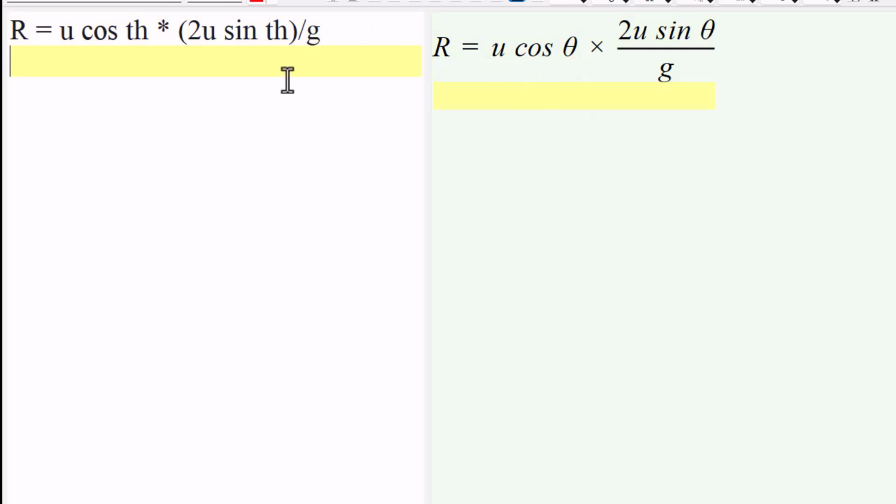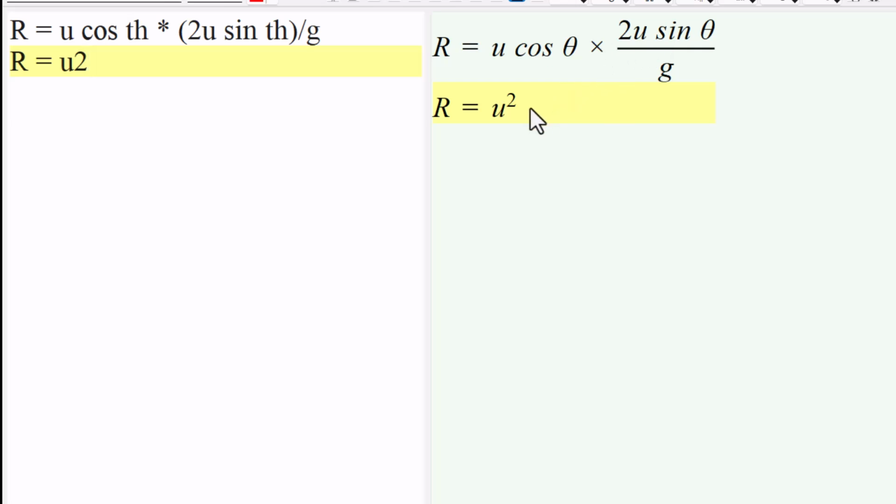Now if I simplify this further, I'm going to have my capital R equals u. Let's multiply now. I'll multiply this u times this other u, which gives me u square. Then I want to separate these two, sine theta and cos theta, on one side.